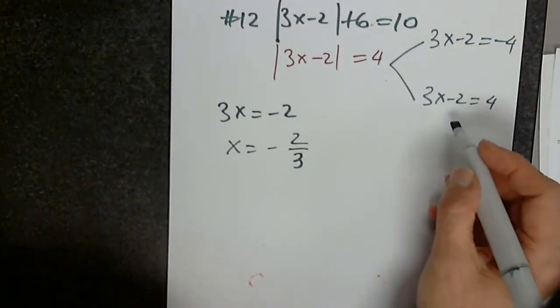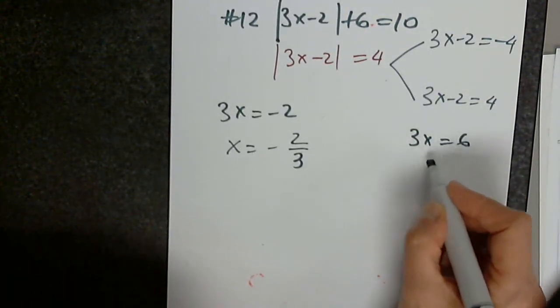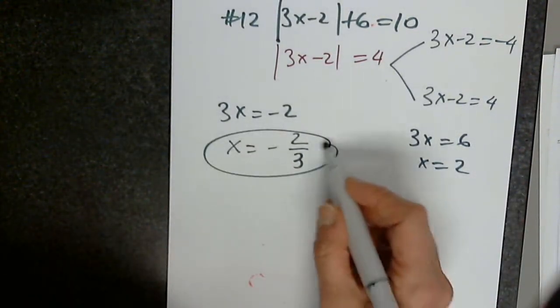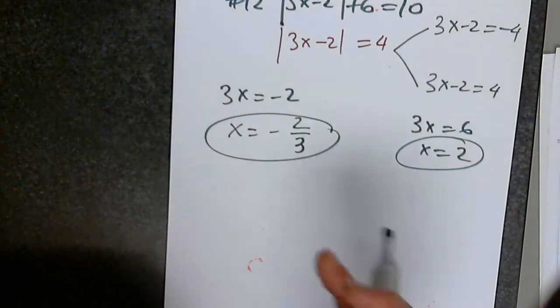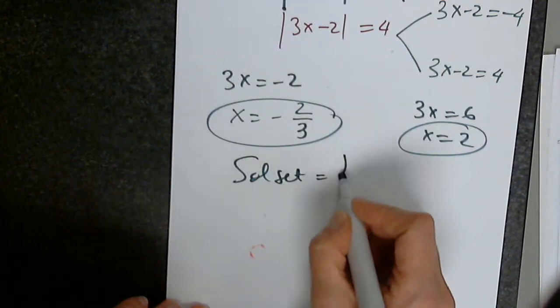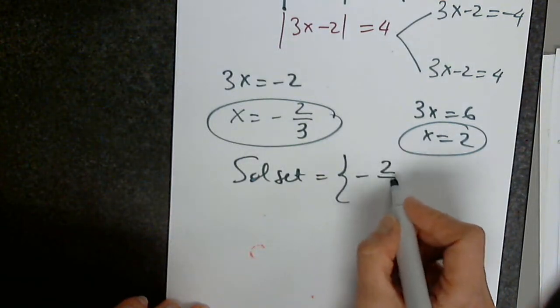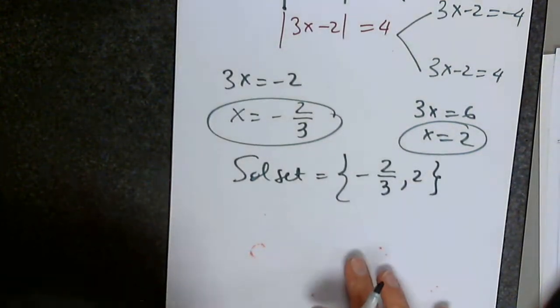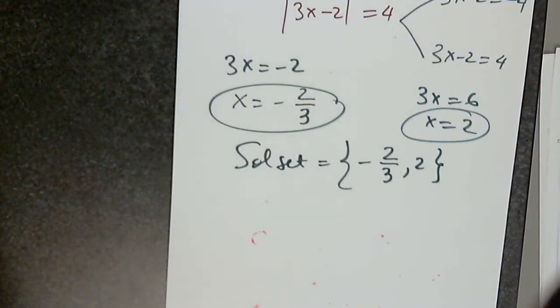I add 2 here, 3x equals 6, so x equals 2. These are the solutions. You either circle them like I did, or you write solution set, you put them in order, negative 2/3, comma 2, whichever method you prefer. I'm fine with both.